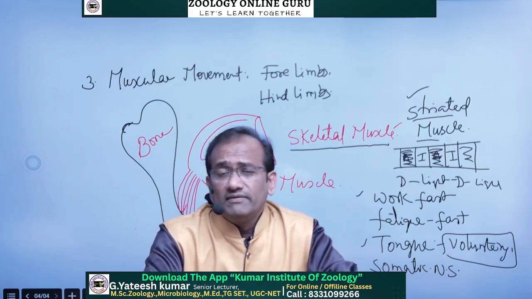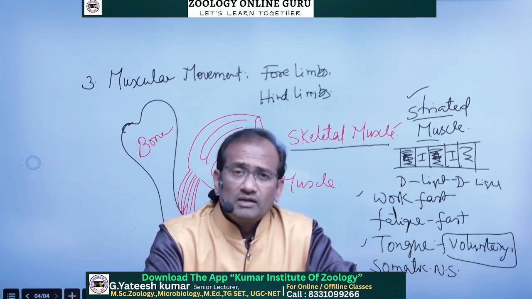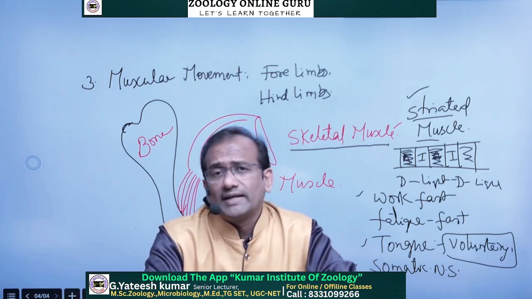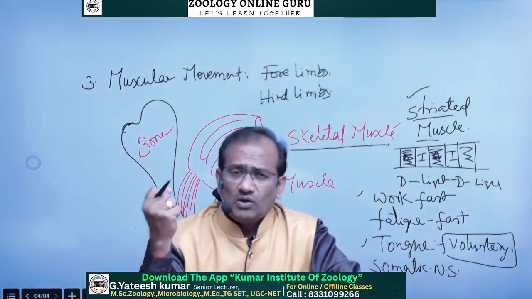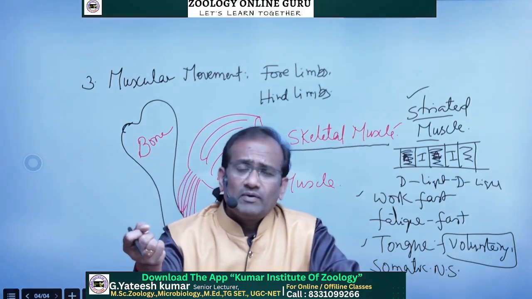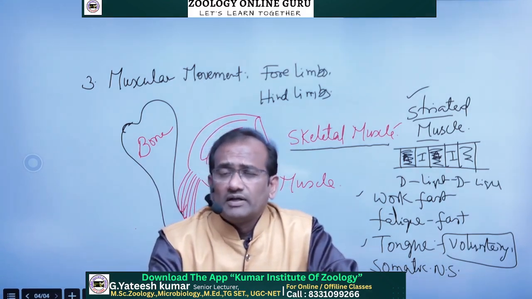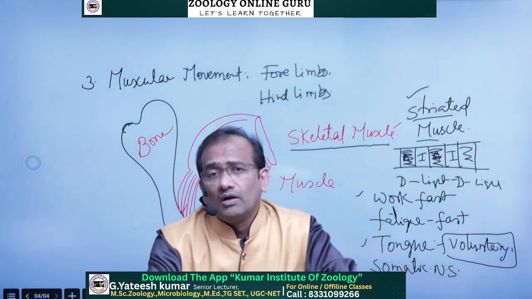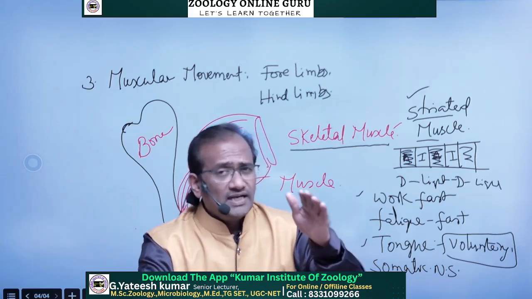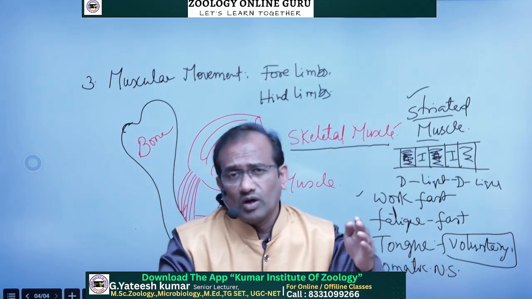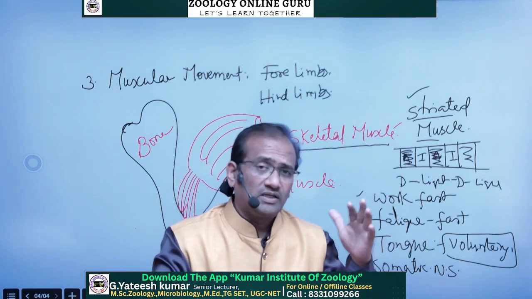If we can control our muscular function, those muscles are known as voluntary muscles. We can control our forelimb and hind limb body parts, so they are under the control of our somatic nervous system, and are called voluntary muscles.